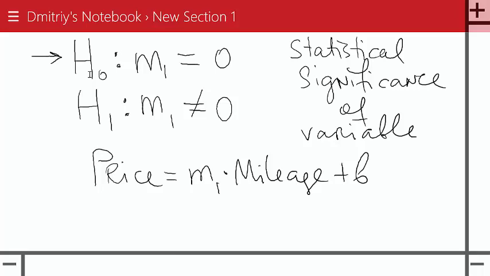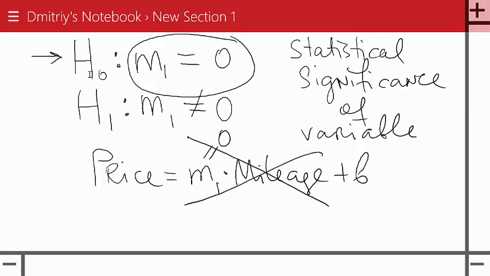All right, so if I find in favor of null and statistically the slope is equal to 0, that means that I can replace the slope in this equation with 0, in which case what happens? Whatever mileage is gets cancelled out of the equation, right? Therefore, I can say that mileage has no effect on the price, okay? Doesn't matter what mileage the car has. If I can replace the slope with 0, 0 times the mileage is still 0, and the price is always going to be equal to the value of my intercept, right?